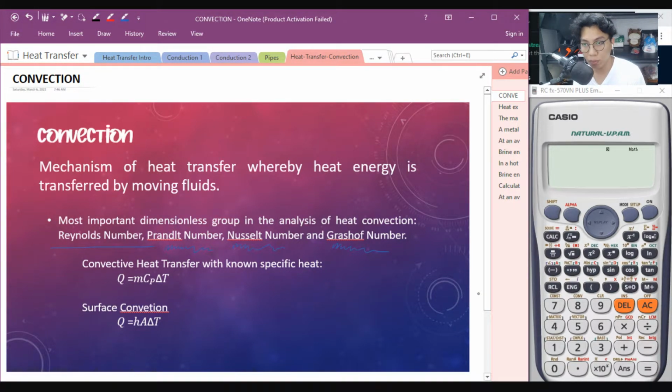Now, we have two working equations here. Now, there is a convective heat transfer with known specific heat nung fluids that are in contact with each other. Magkakaroon silang thermal equilibrium or magkakaroon sila ng heat exchange. So, yung tubig mo, it came in contact with cold air. So, sa system na kung saan nag-introduce ka ng cold air at meron nagpa-pass through na mainit na tubig, magkakaroon sila ng heat exchange kung saan magkakaroon sila ng meet-up point na equal yung kanilang heat.